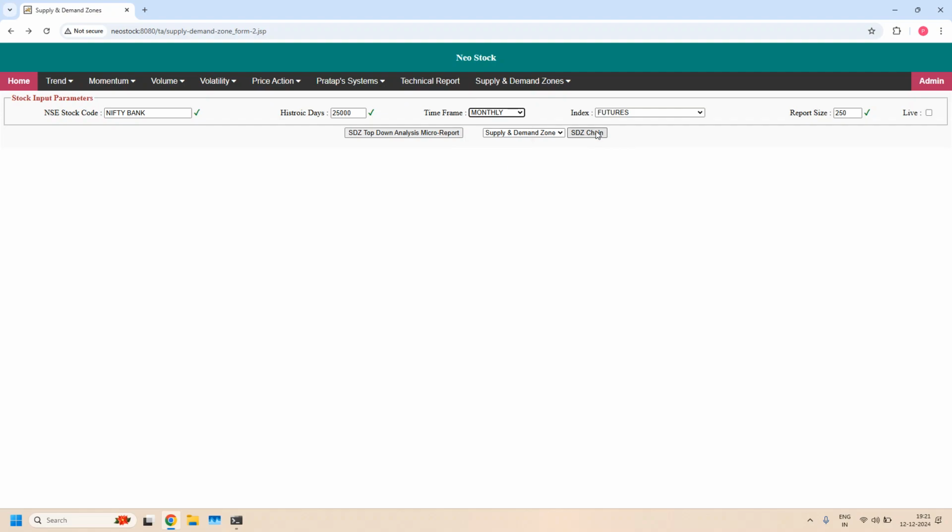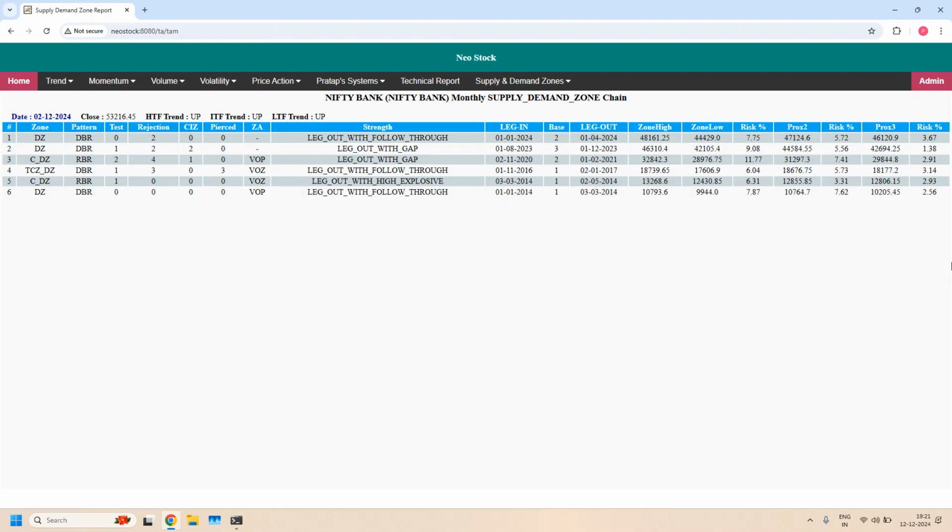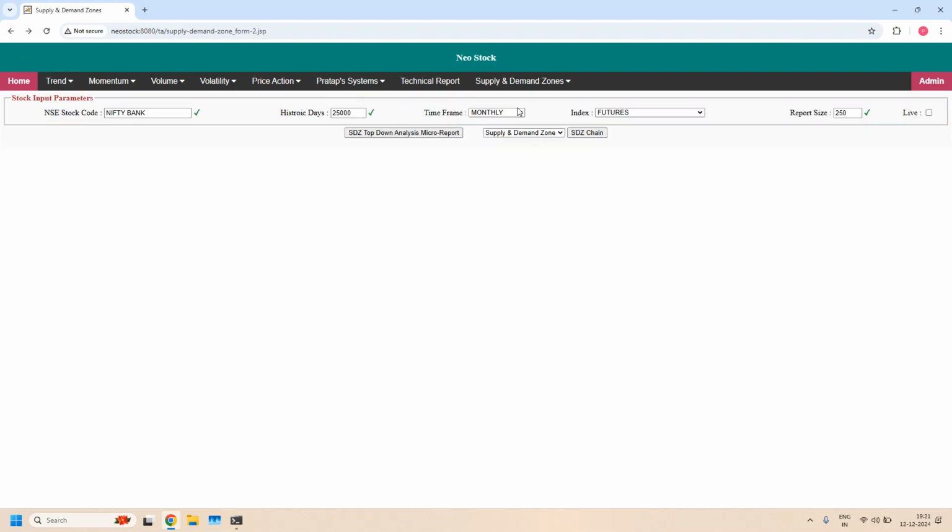Monthly supply demand zone chain for BANKNIFTY. Next, weekly supply demand zone chain for BANKNIFTY.